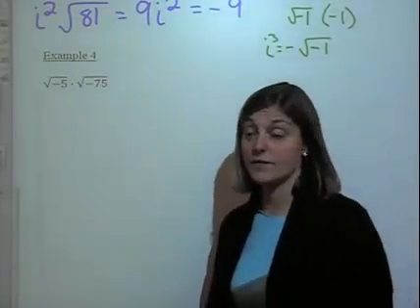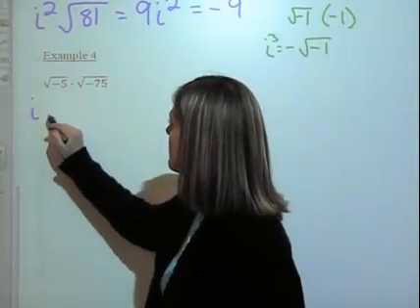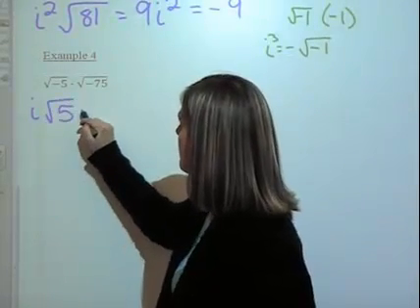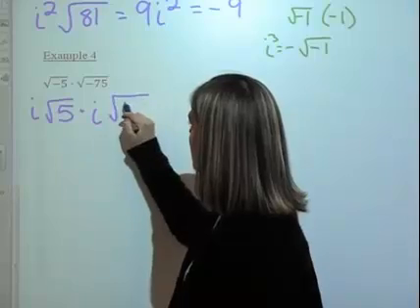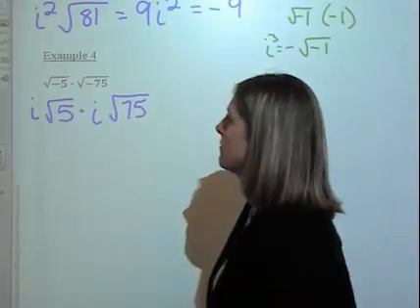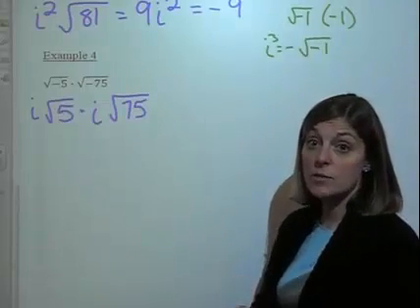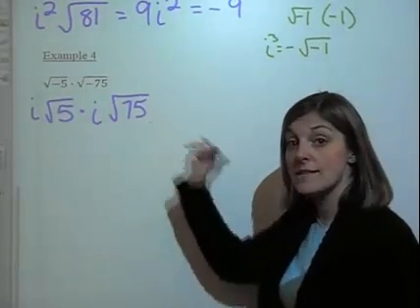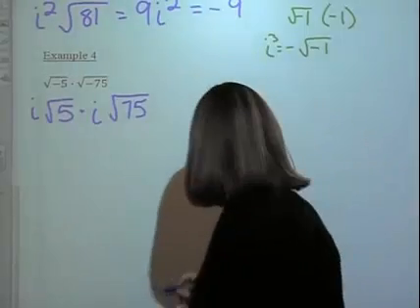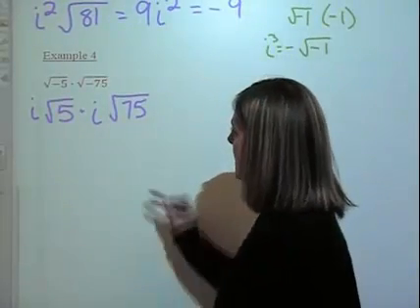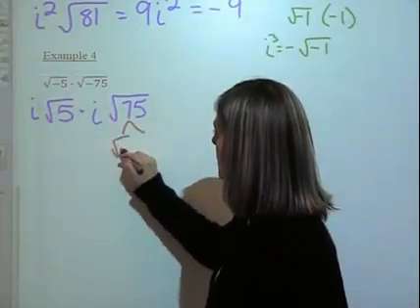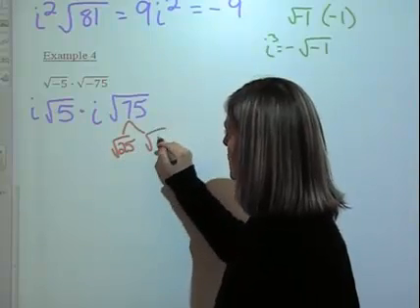Remember, pull out your i's first. Now you can either multiply or you can simplify. I'm going to go ahead and simplify that square root of 75. So I'm going to say that breaks down into the square root of 25 and the square root of 3.